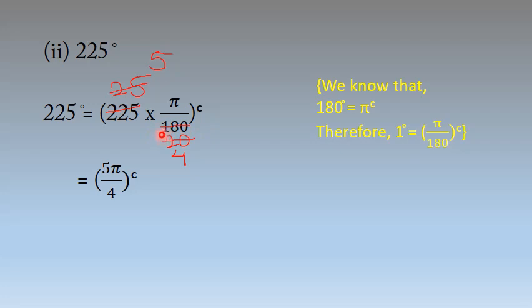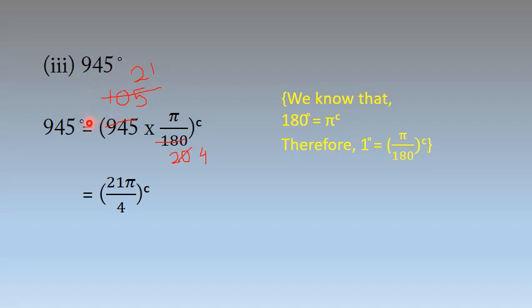So 9 2s are 18 and this 0 comes here, and 9 2s are 18, this 45 becomes 9 5s are 45, this 5 4s are 20 and 5 5s are 25. So after solving this we get 5 pi upon 4 radians. So this is the answer. We'll go to the next question.